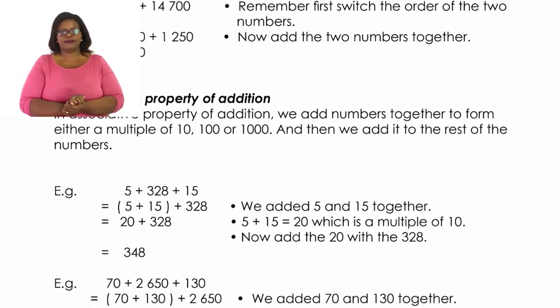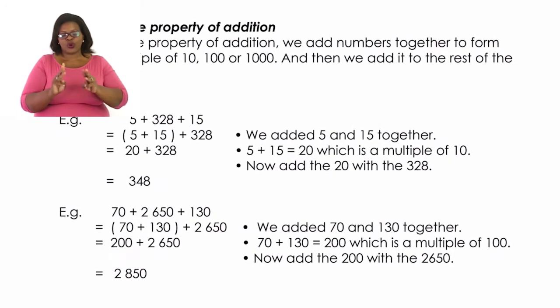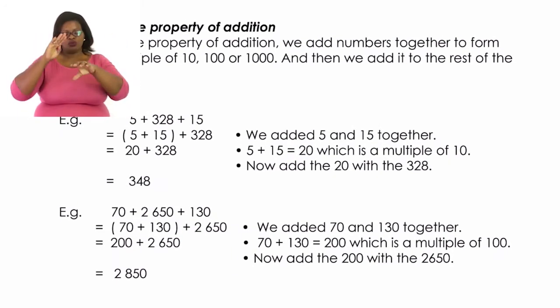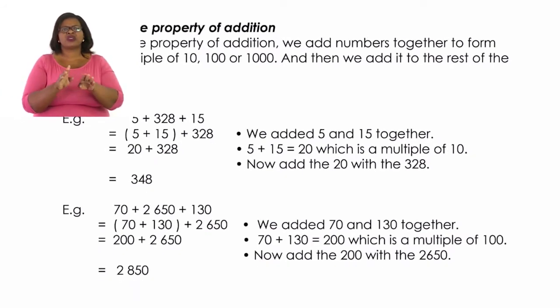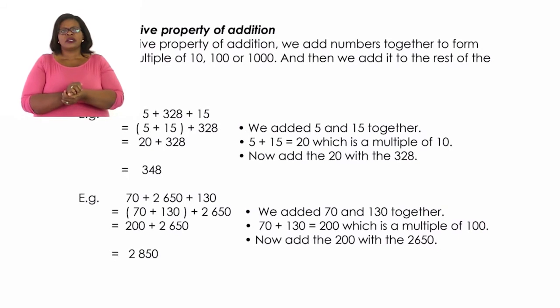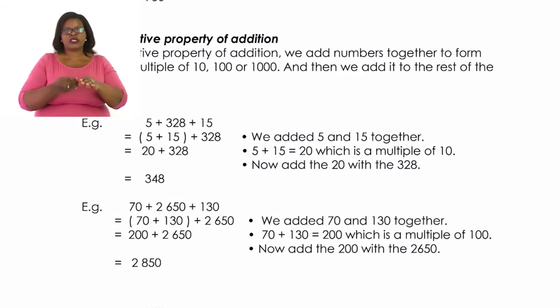Now let's go over to the third way of addition, associative property of addition. Now let's read, what should we do in associative property of addition? In associative property of addition, we add numbers together to form either a multiple of 10, 100, or 1,000.